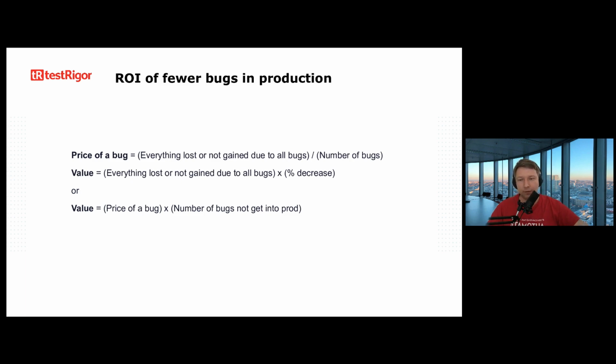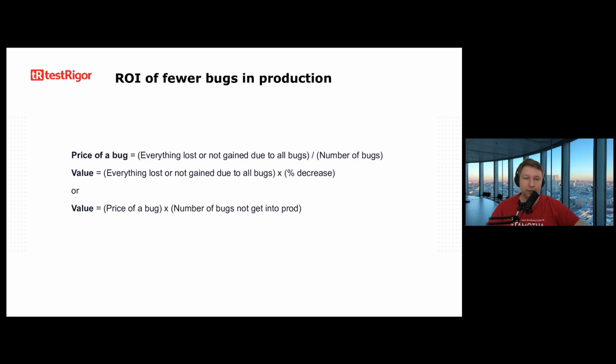And of course, the value of automation in general, and specifically codeless automation, is very easy and direct to calculate. You can estimate or calculate the decrease in the number of bugs. Let's say this number, everything lost or gained due to all bugs, is within a year.